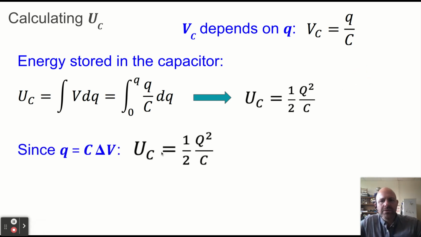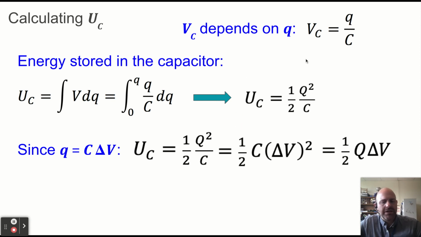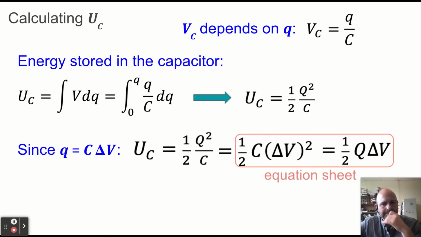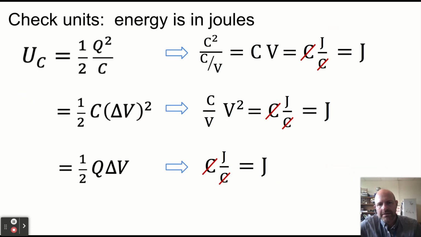Since we know Q equals CV, we can rearrange this equation in two additional ways. If we know the capacitance and the voltage, we can predict how much energy will be stored by saying 1/2 CV squared. If we happen to know the charge and the voltage, 1/2 QV, and so on. Those last two are on your equation sheet. I don't know exactly why they picked those two and not all three, but that's what they did.